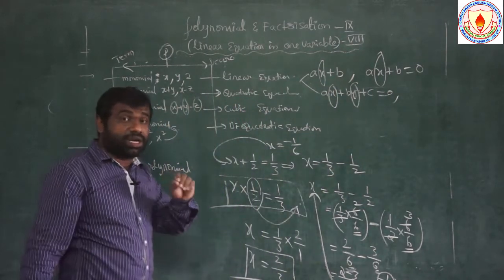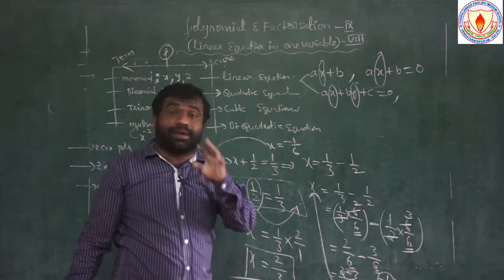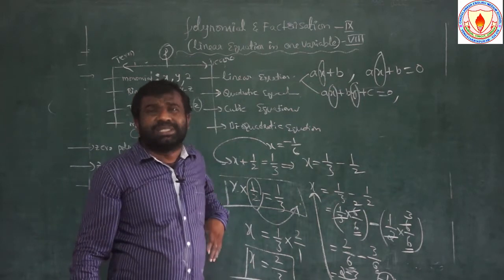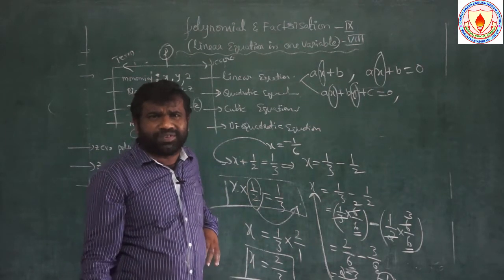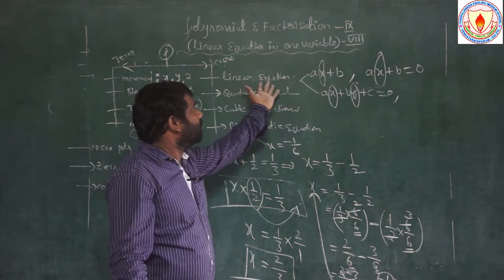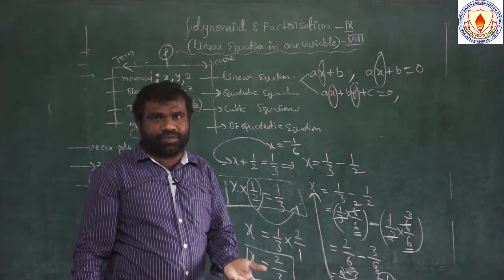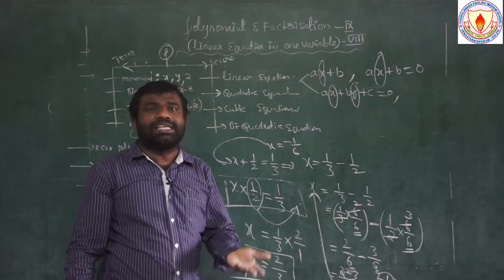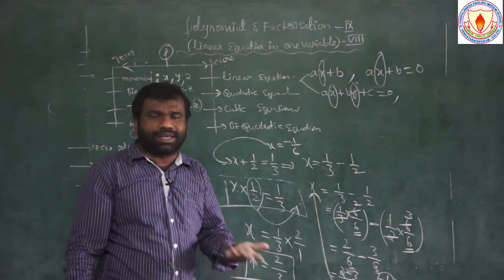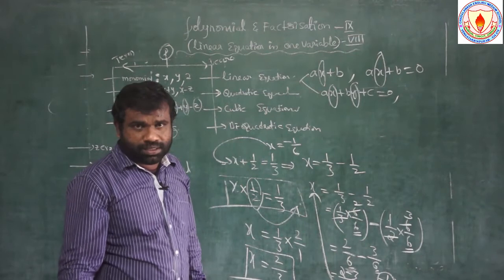In 6th class and 7th class also we learned simple equation. That is only linear equation in one variable. 8th class chapter is linear equation in one variable. In the same manner, simple equation in 7th class we learned.